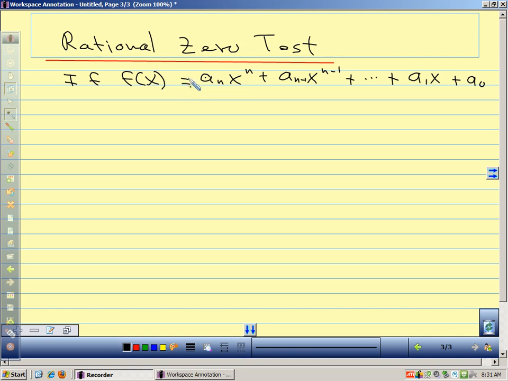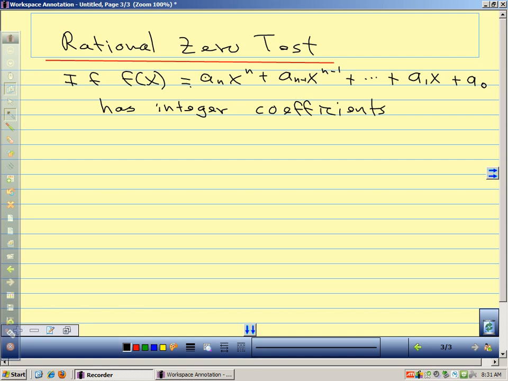has integer coefficients, a sub 0 is just our last number there. If this polynomial has integer coefficients, let's remember what an integer is.